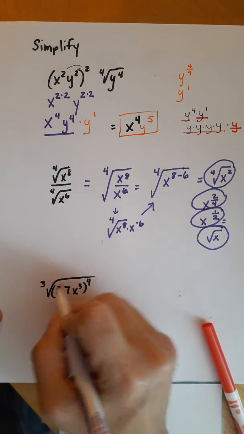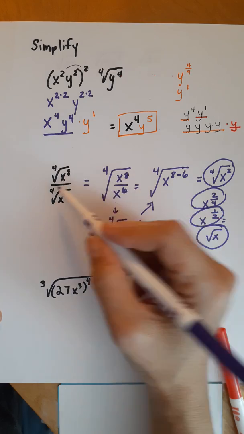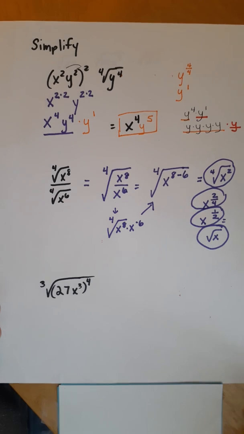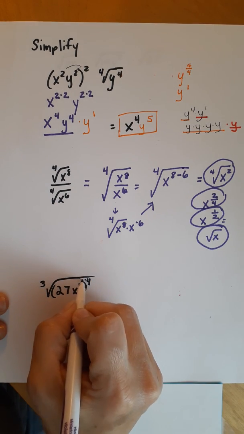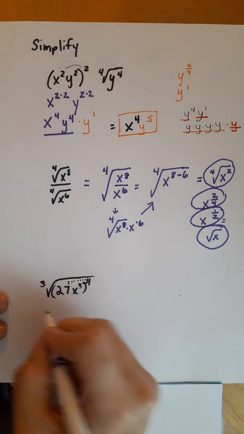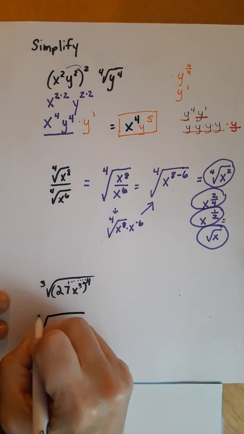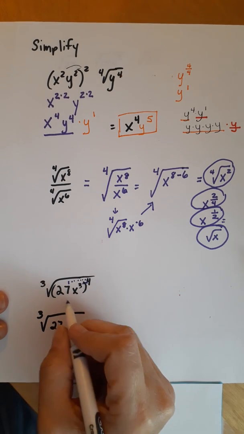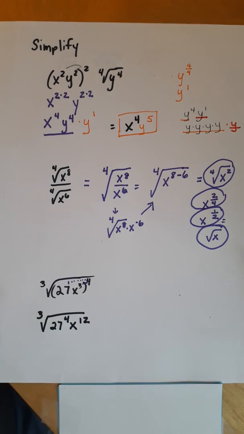The first thing I'm going to do is simplify it. Similar to what I did before, I'm going to put the inside part together and try to make it easier to deal with. By that, I mean I'm going to multiply 4 times the 1 power and 3 times 4. That's going to give me 27 to the 4th power and x to the 12th power.